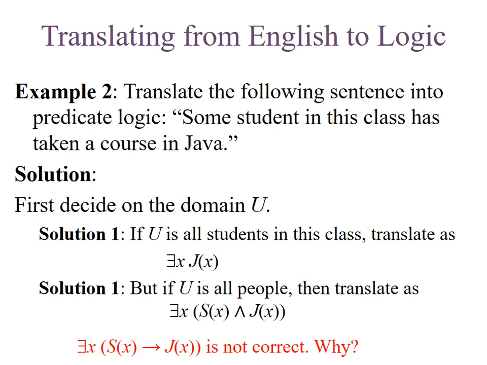So the original meaning should be like this. But we found one example that follows this diagram that makes this true. So you can see the meaning is totally different from this one. So this is not a correct predicate logic for this sentence.